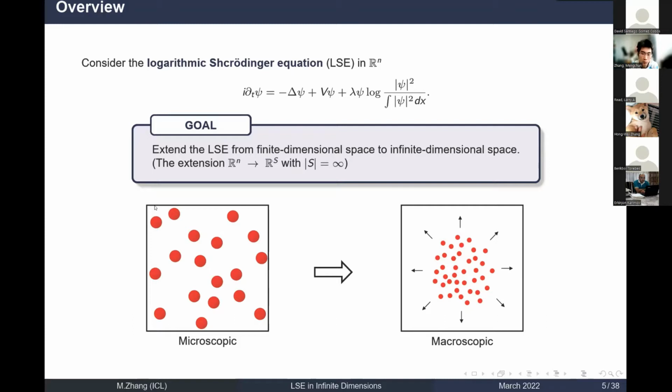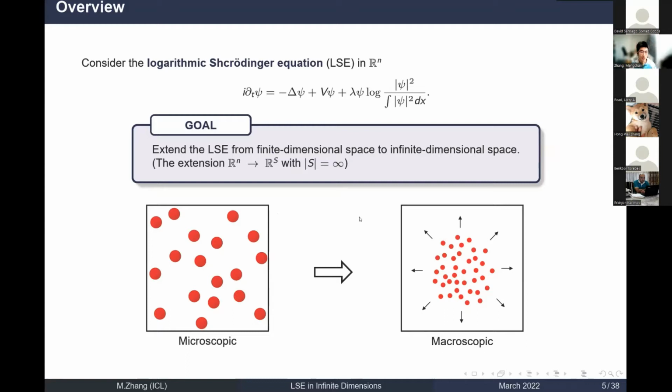And to do that, we need to extend from finite dimensional space to infinite dimensional space. Only then can one study macroscopic systems, which are systems that we can visualize. So the main flavor of this project is to bridge microscopic quantum mechanics and macroscopic statistical mechanics. That's the main goal of this project.